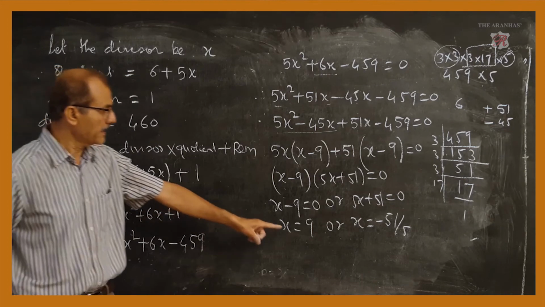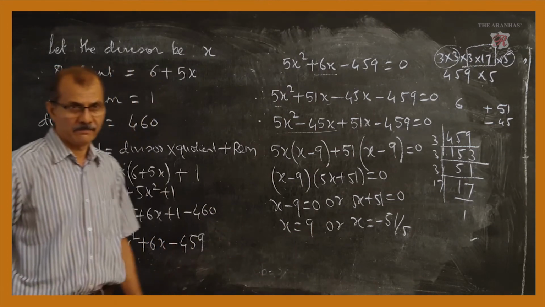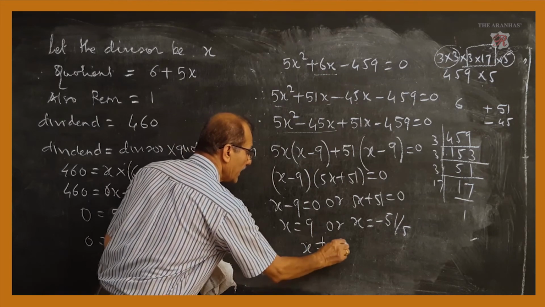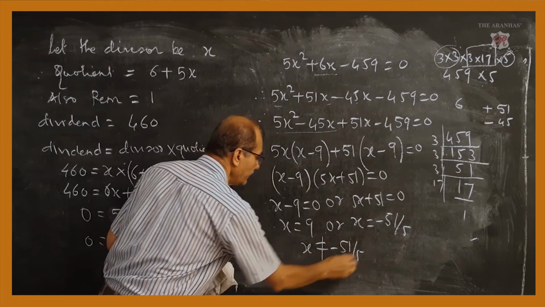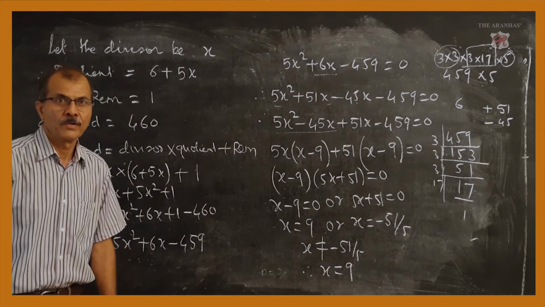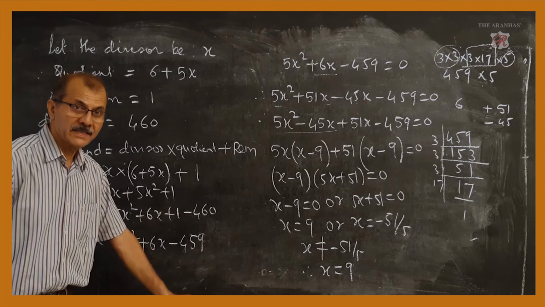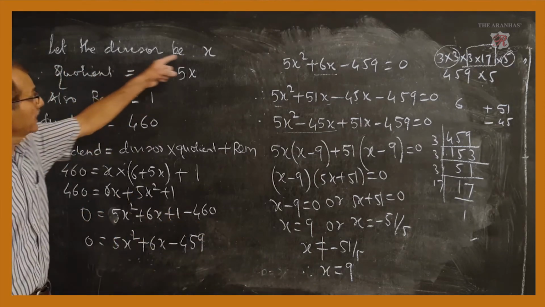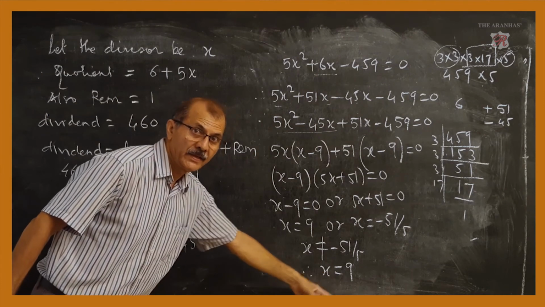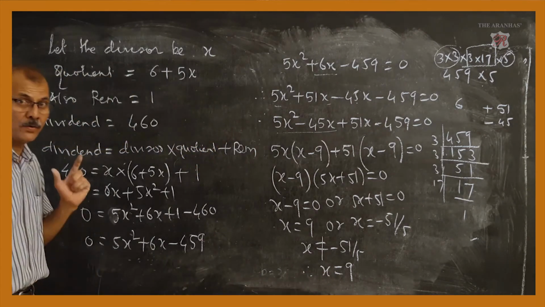But what is my x? My x is a natural number. So x is not equal to minus 51 upon 5. Therefore, x is equal to 9. So my divisor, what is my x? My x is the divisor. Therefore, my divisor is 9, and they asked to find the quotient also.